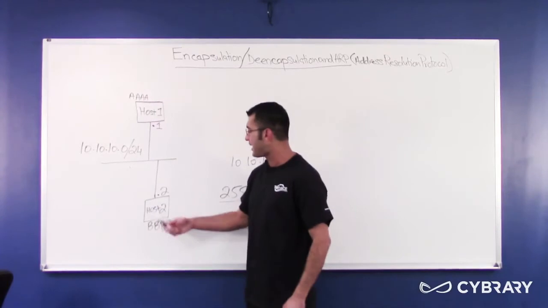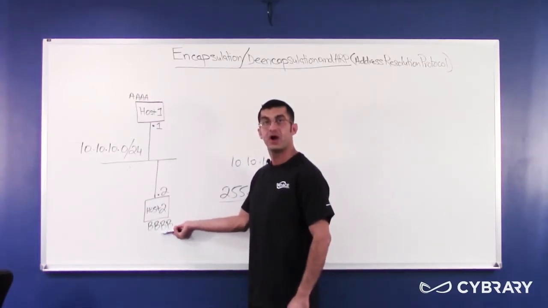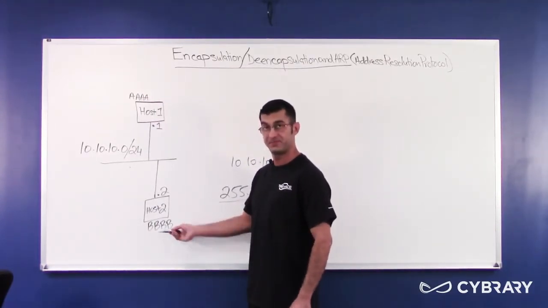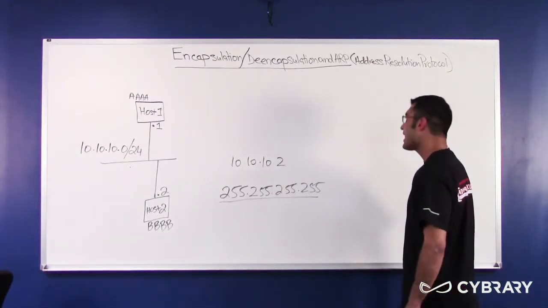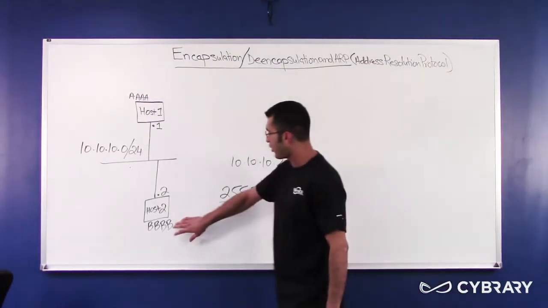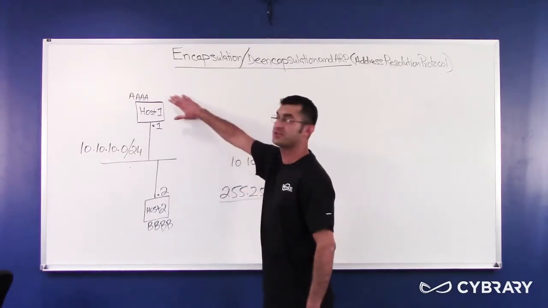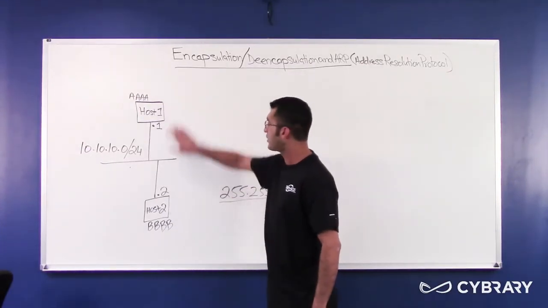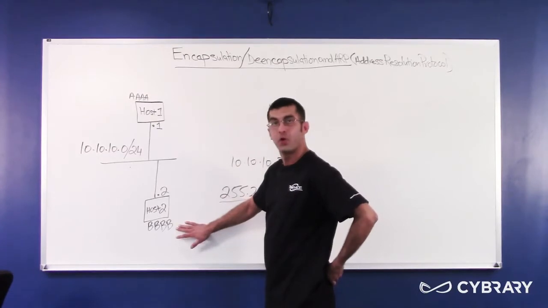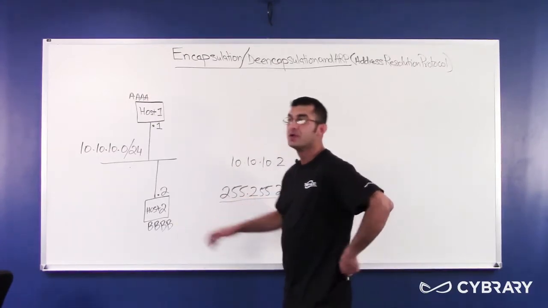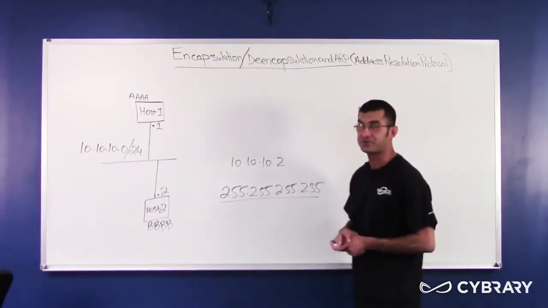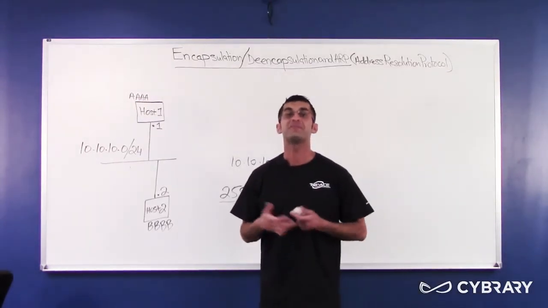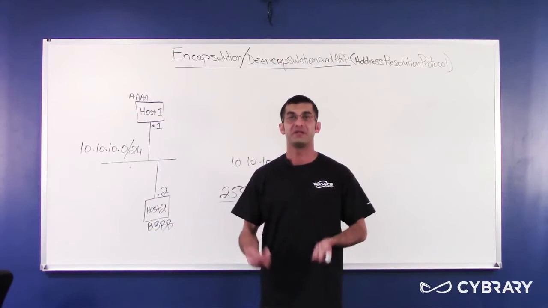Host 2 replies with its own MAC address in the ARP reply, which is BBBB. At this point, host 1 has the MAC address of host 2. Host 1 has its own MAC address, and host 1 also has the MAC address of host 2. This is the function of ARP. ARP basically resolves IP addresses to their relevant MAC addresses and then stores it in a table.